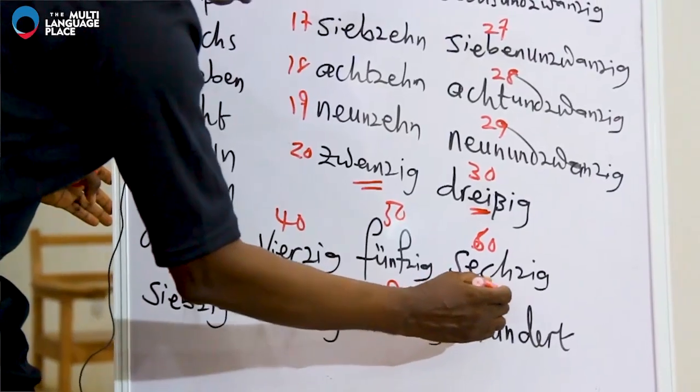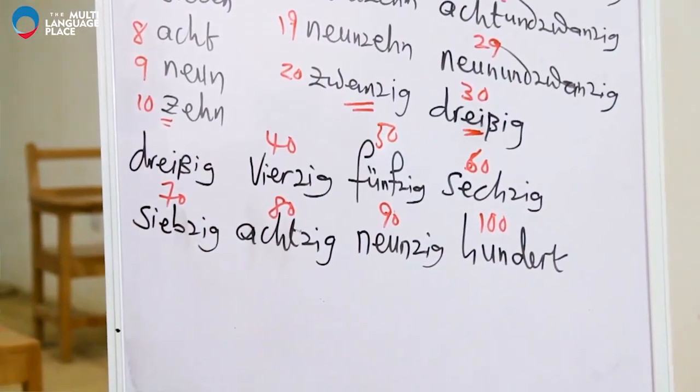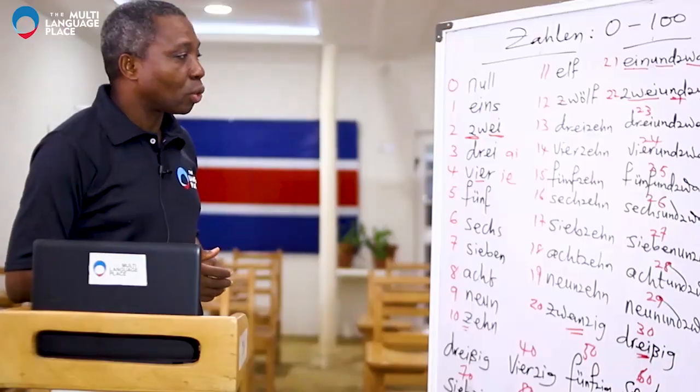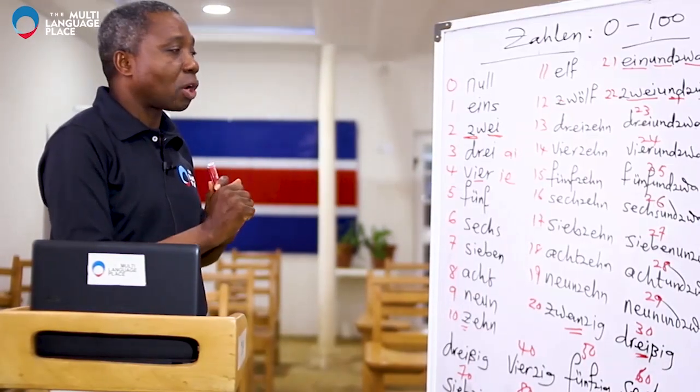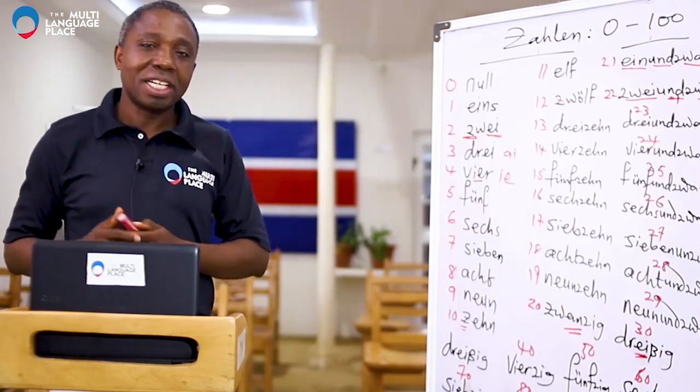Then we have 100. Like a journey, we're there. That is 100. Okay. So with this, we are able to learn from 1 to 100.